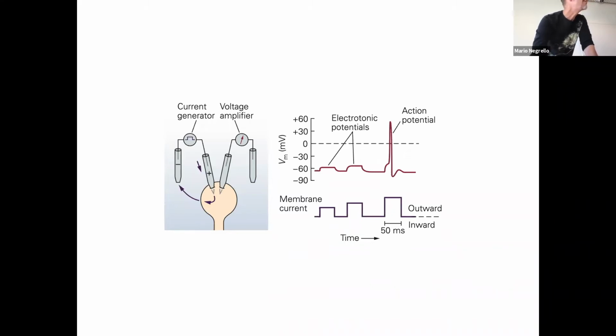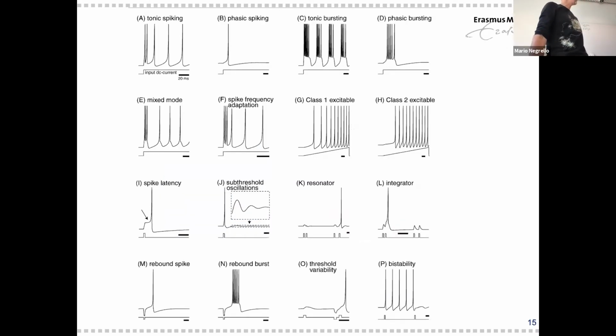So how do you inject current into a neuron? How do you make a neuron spike? We're going to be discussing this tomorrow. So here you have some steps of current injected, and here is a spike, but here it produced an all or none spike. So this is the textbook, secondary school textbook vision of what the neuron is.